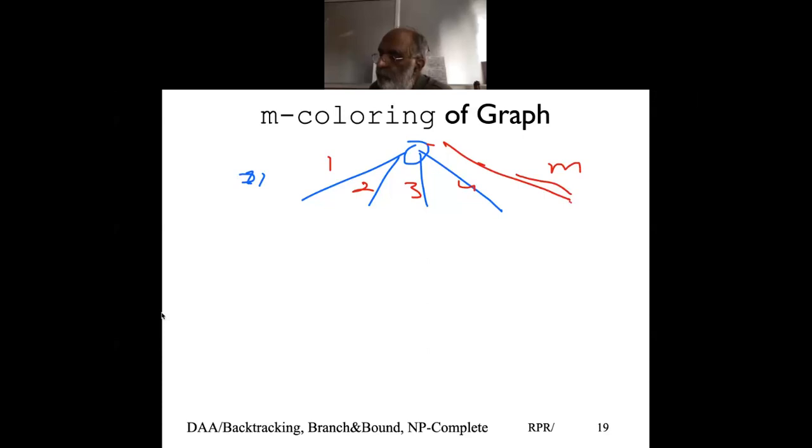And then for my variable x2, the second state, again I can have m possibilities. Of course, I can't use the same color again, but I can use others.